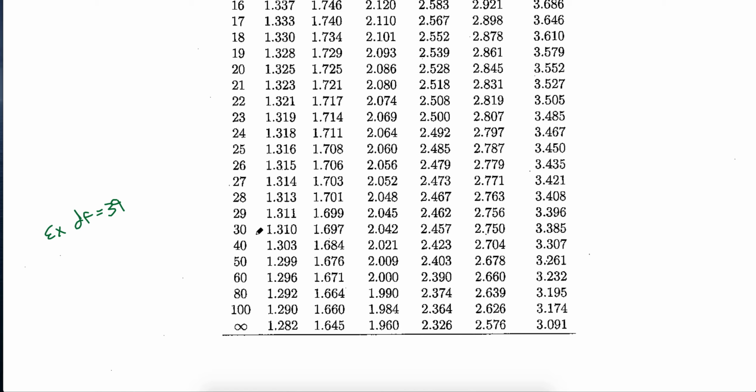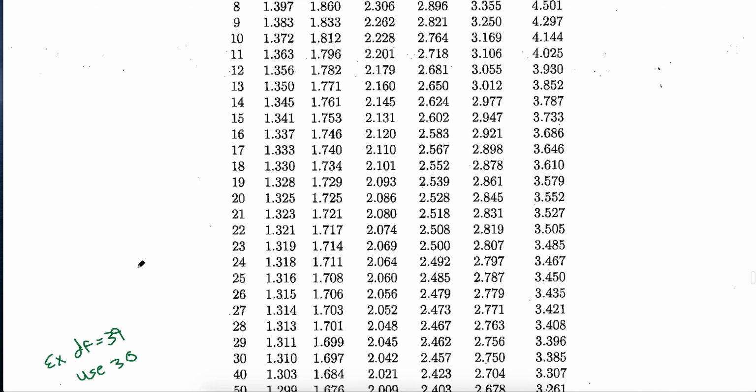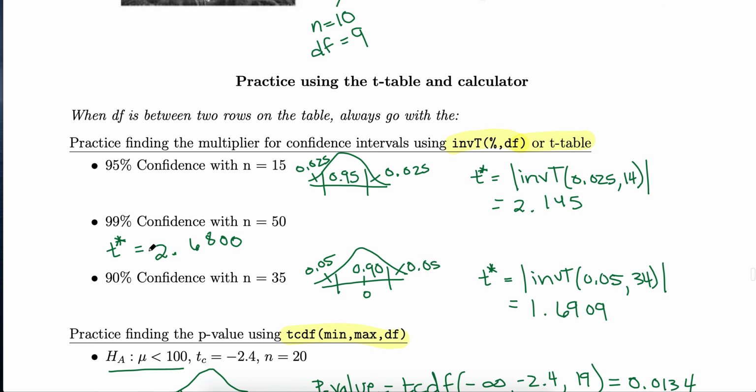It's not on here exactly, it's between these rows. It might be tempting to say it's closer to 40, so let's just use 40. Instead, you should use 30 to be on the conservative side. If you're using the table and your degrees of freedom is between two rows, always go with the smaller degrees of freedom, not the one it's closer to, but the smaller number.